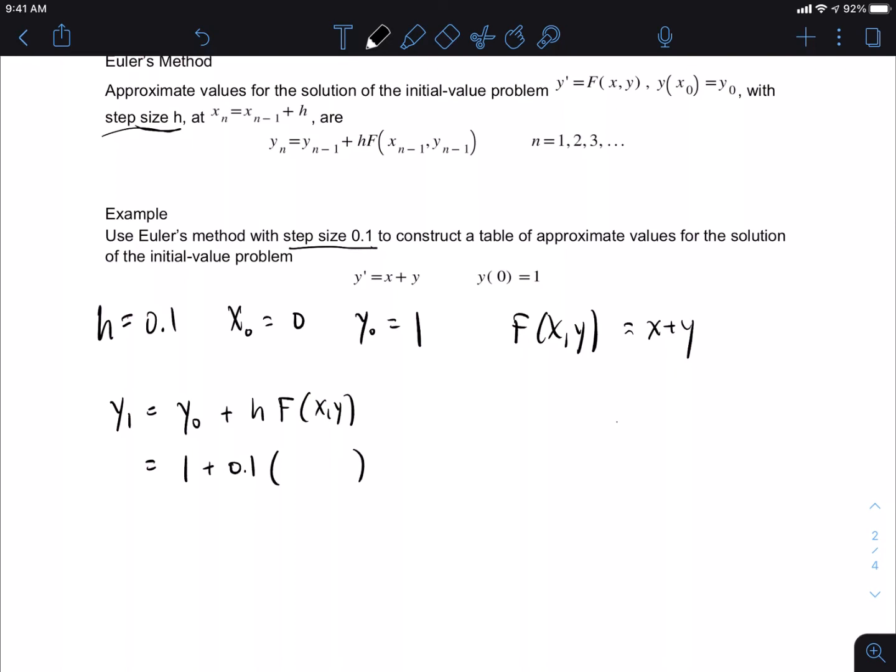Well, what's my x in this first step? It's the building block one, so it should be the initial. So it's 0. What's the initial y? 1. And so we're going to get 1 plus 0 times 0.1, which is going to give us 1.1.